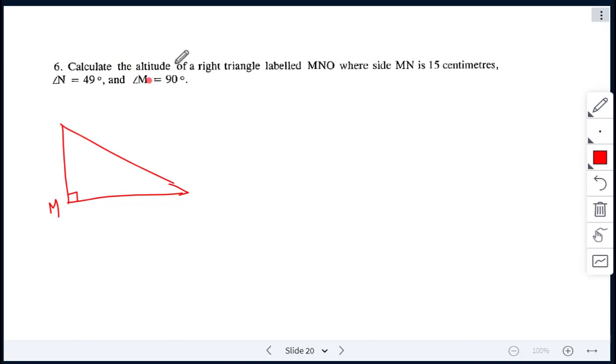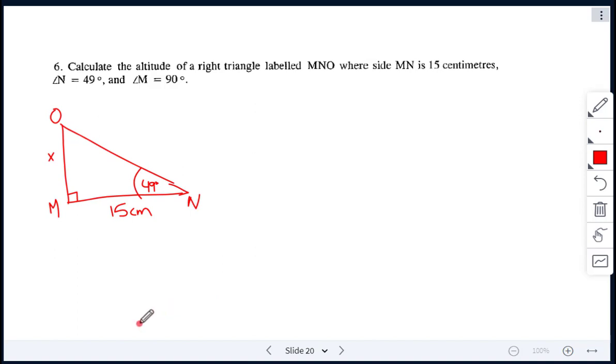Next, we're trying to calculate the altitude of the right triangle. So this is what we don't know. We'll just call it X. Side MN is what we know, right? So therefore, side MN is 15 centimeters. So this would be O here. And then we're told angle N is 49 degrees. So 49 degrees would go there.